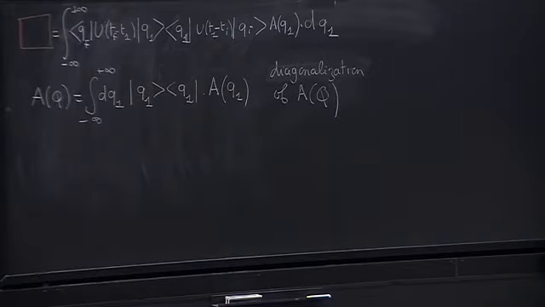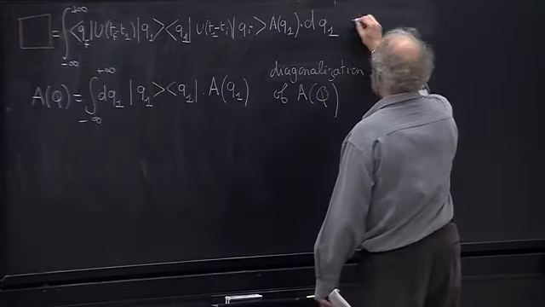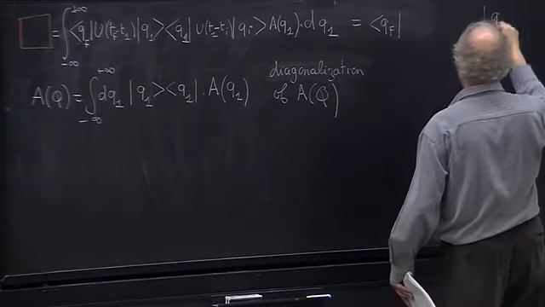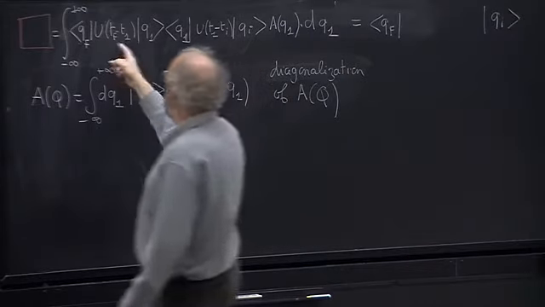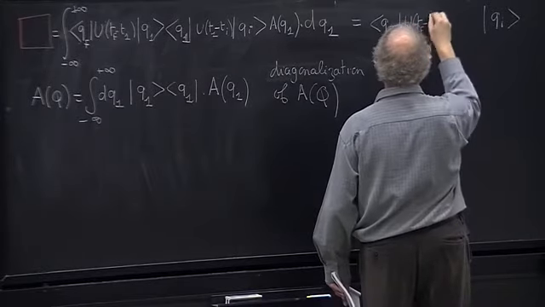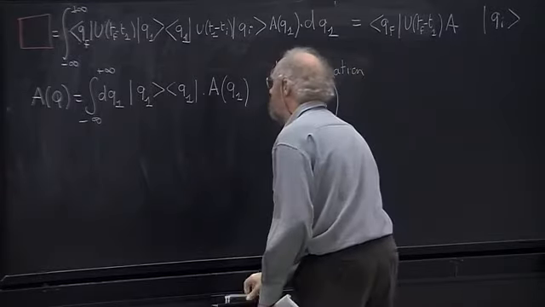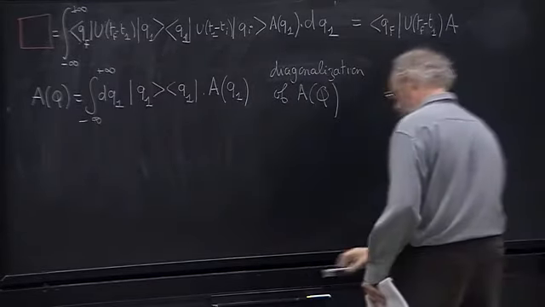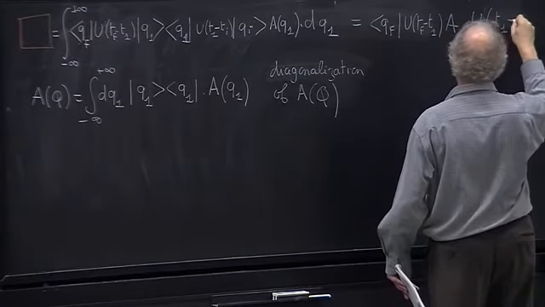So I can rewrite this simply as the matrix element between q final and q initial of U of tf minus t1, the operator A, this formula doesn't depend on t1, times U of t1 minus t initial.